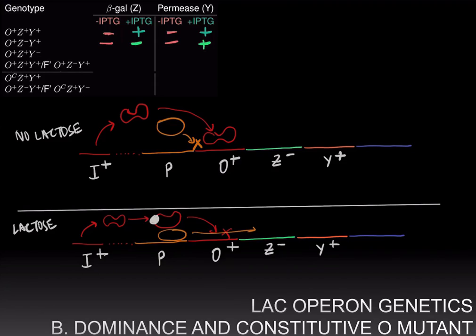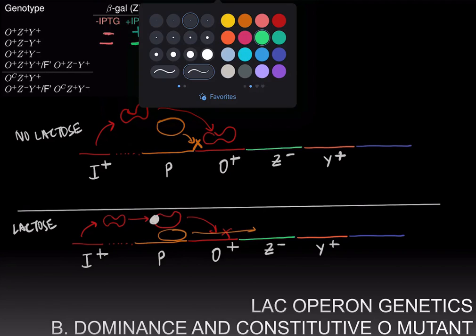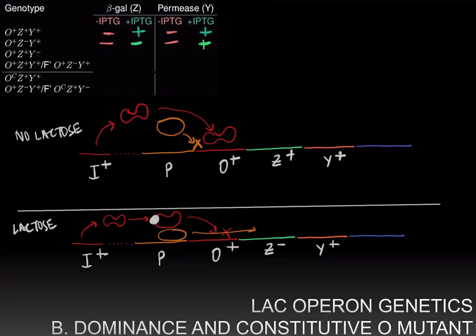In the next genotype, instead of having a mutant Z allele, we have a mutant Y allele, and therefore we have Z plus and Y minus.